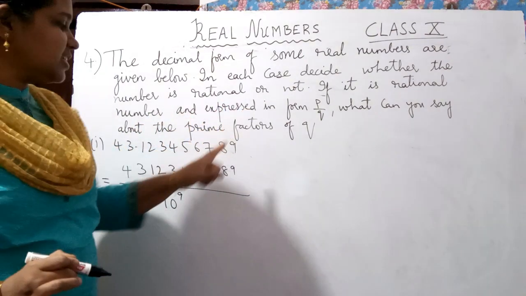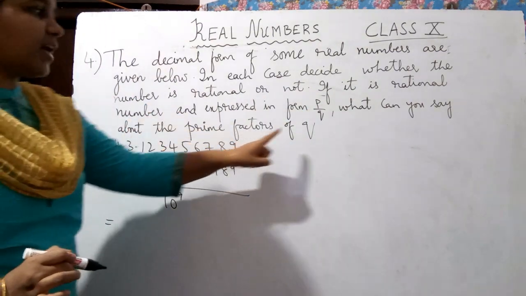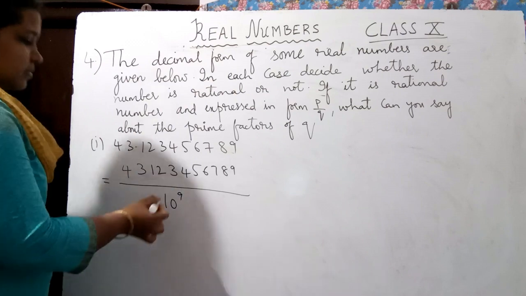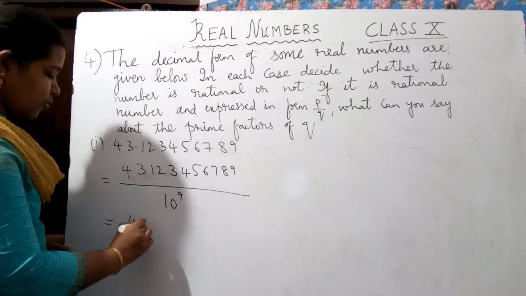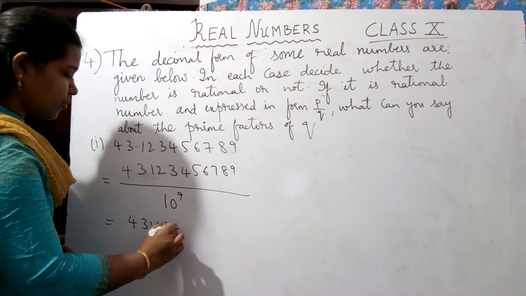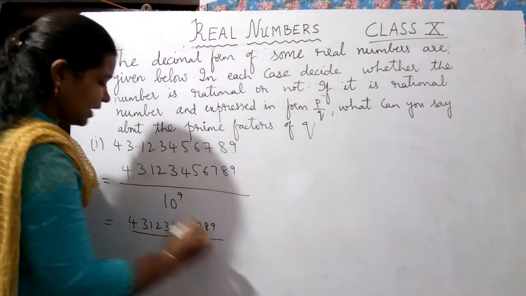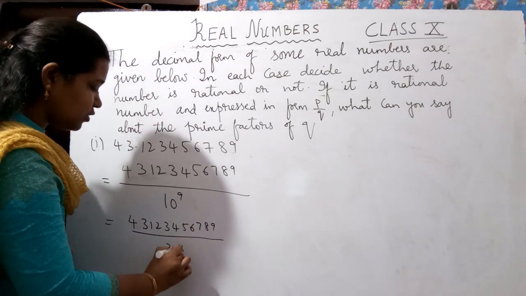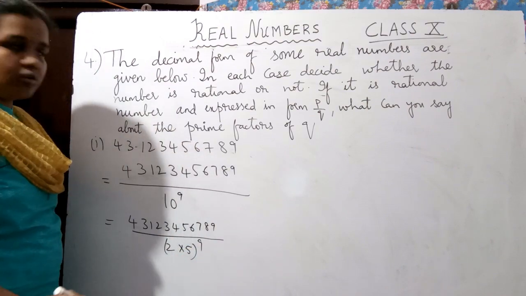He is also asking, if it is expressed in the form of p by q, what can you say about the prime factors of q? So this one you can write as 431234 56789 by 10 power 9. I can write 10 as 2 into 5, whole power 9.